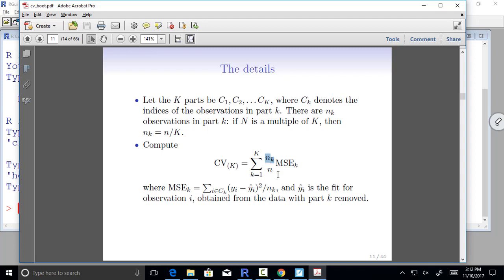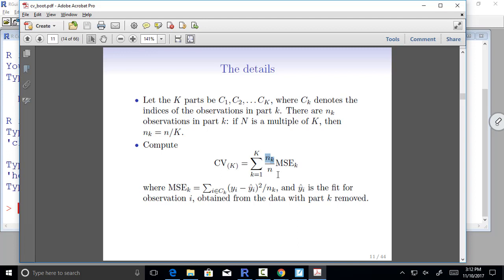If, for example, we do 5-fold cross-validation and each of the 5 subgroups that we put together all have the same number of individuals in them, like suppose little n is equal to 100. Our training sample size is 100. If we did 5-fold cross-validation, we could distribute the 100 individuals into 5 equally sized subgroups of 20.